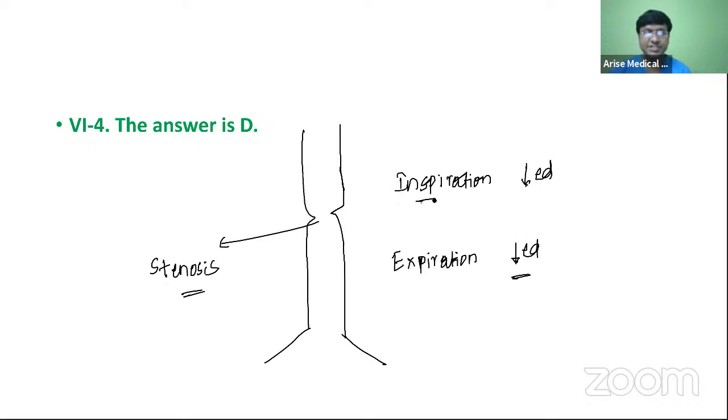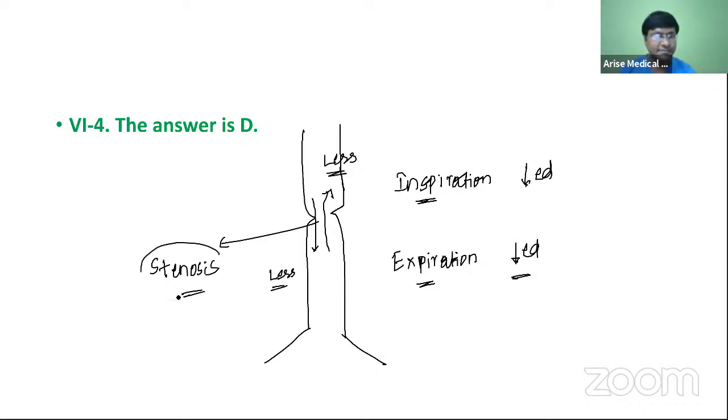Both the inspiratory component and the expiratory component are reduced. Why? Because there is stenosis, the amount of air which is entering is less, and the amount of air which is going out is also less.